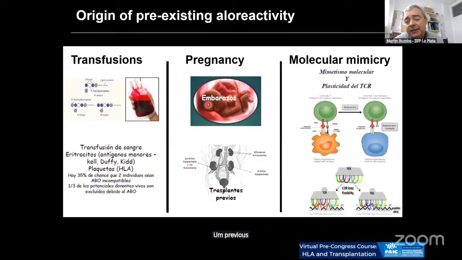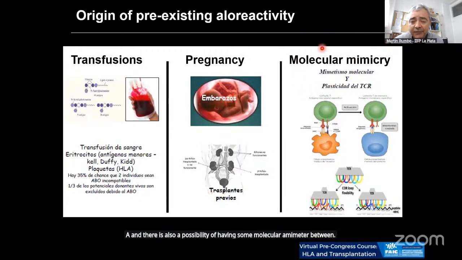Previous pregnancies, in the case of adult patients, can also trigger specific HLA recognition. And there is also the possibility of molecular mimicry between specific HLA alleles that can also trigger an alloreactive response by this cross-reactivity.